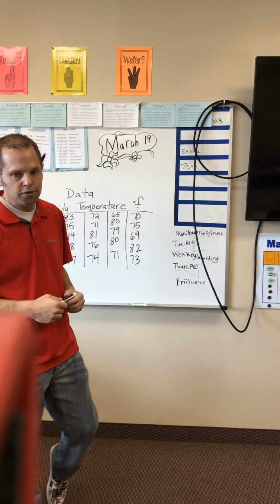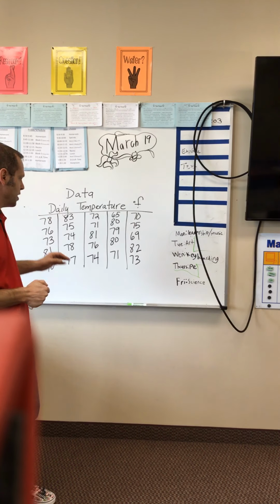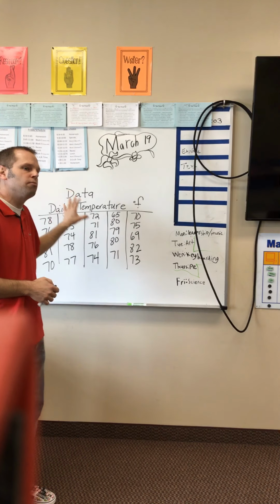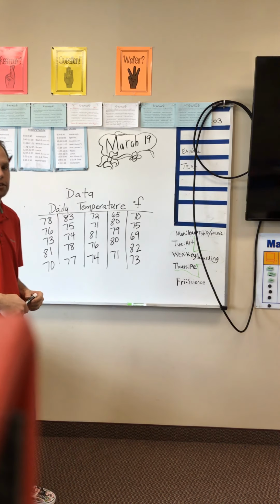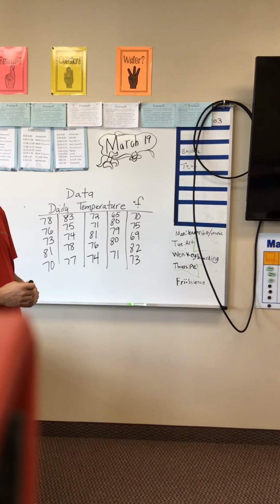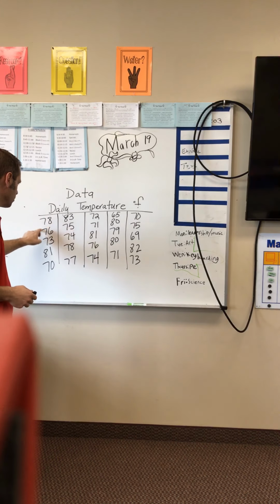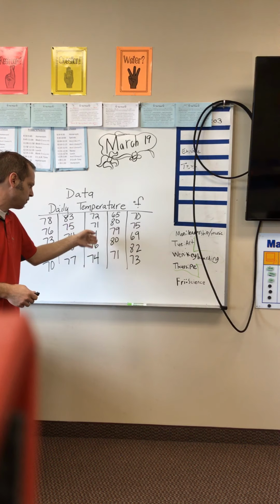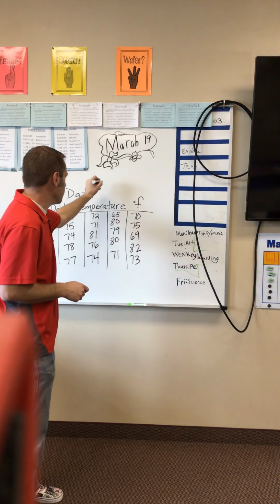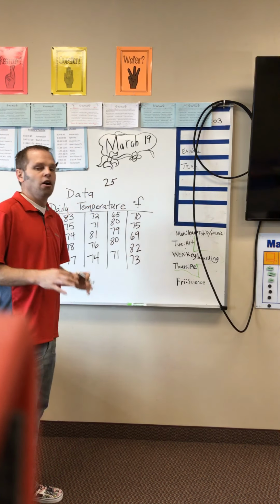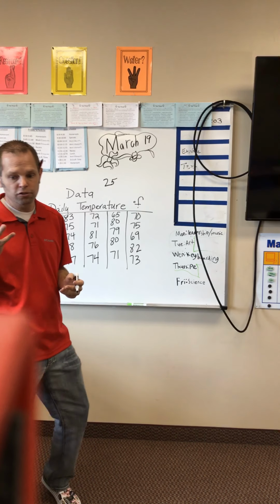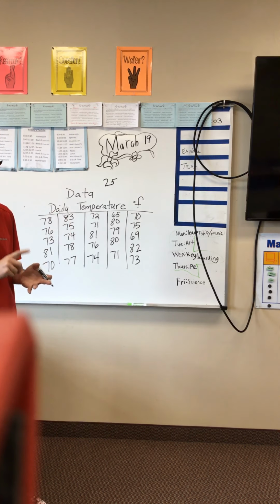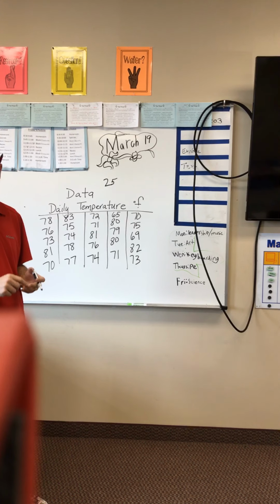And then of course observations would be what you observed or saw when you were collecting your data. In this case I have 1, 2, 3, 4, 5, 10, 15, 20, 25 observations.